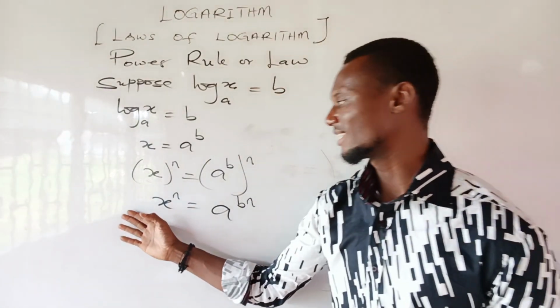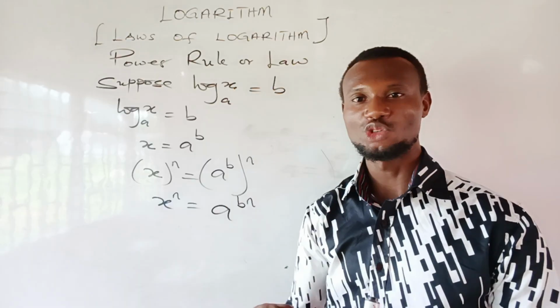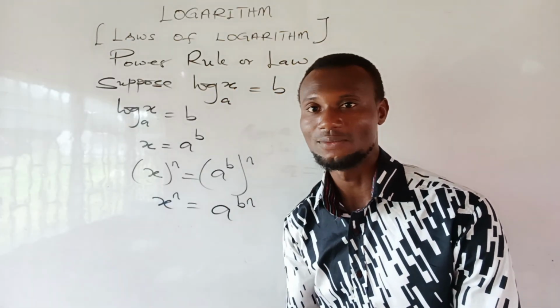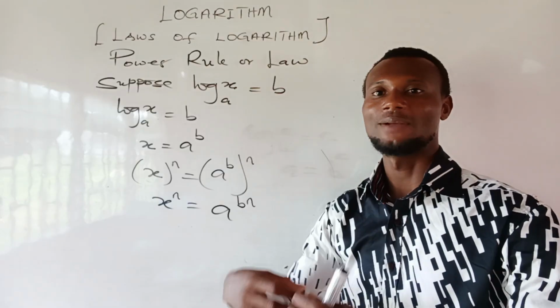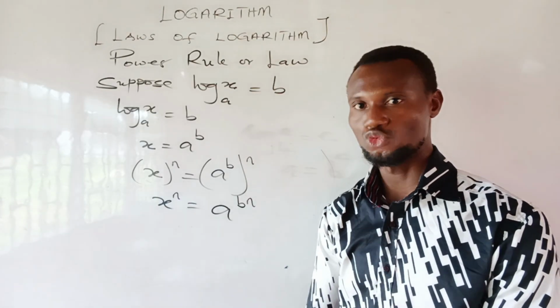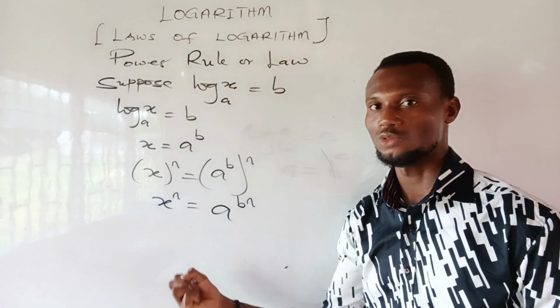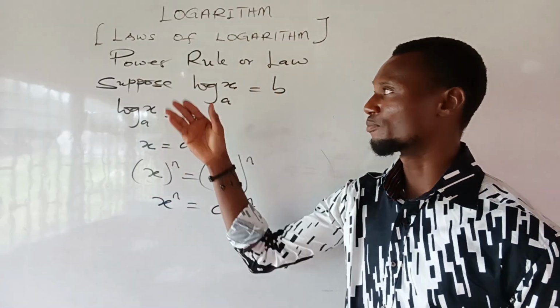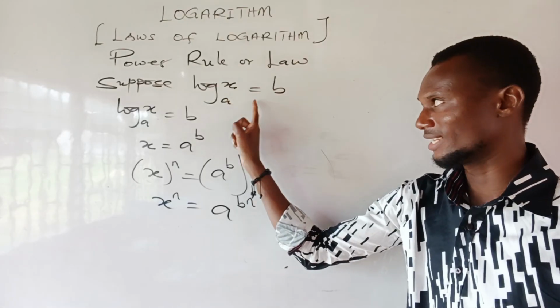Now the next thing that you are going to do here is to introduce our log, because we need to establish the power rule, and we need to bring in the log to be able to do that, because in the premise we've said that the log of s to the base a equals b.